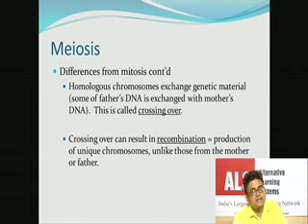Homologous chromosomes exchange genetic material in meiosis, particularly in prophase in pachytene stage. And this crossing over results in recombination, that is formation of unique chromosomes, new characters, different from both mother and father. If this was not done, then all of you brothers and sisters would have the same character.